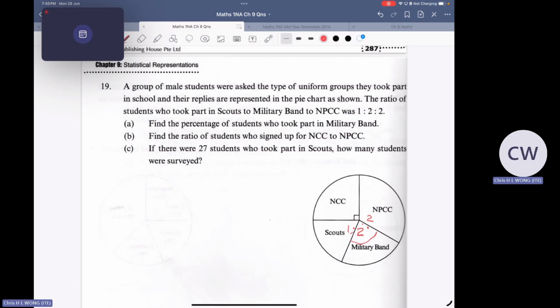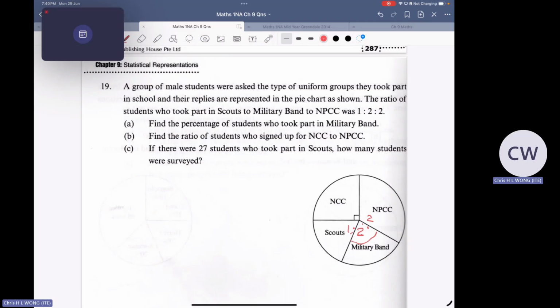So they give you 90 degree, but they ask for percent. So I must convert this to percent so that I can compare. 90 degree will give you 25% because it is 1/4 of a circle.